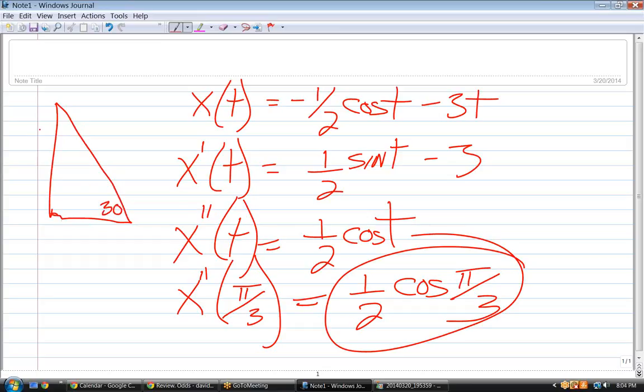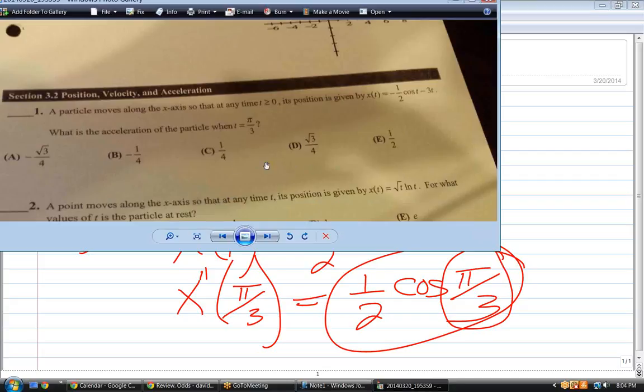The ones you may want to commit to memory are the sine of 30 degrees is 1/2 and the cosine of 60 degrees is 1/2. Those are firmly locked in my memory because you have to do them so frequently. As long as you can translate that to 60 degrees, you're in. So 1/4, C.